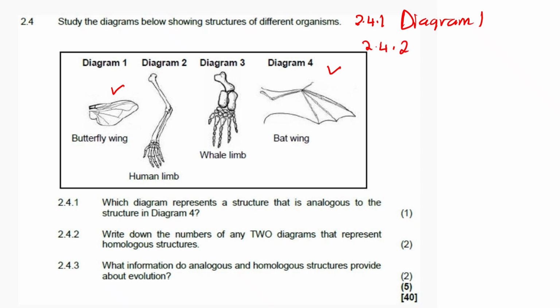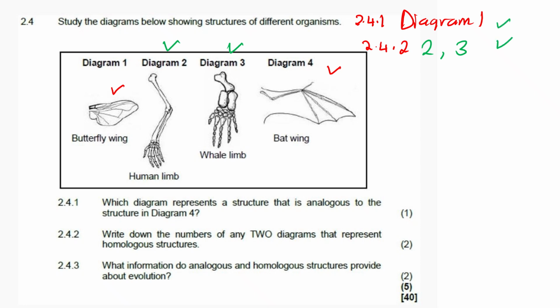Write down the numbers of two organisms that represent the homologous structure. It is 2 and 3, they are homologous. Or one can also say 2 and 4, or 3 and 4. Good.